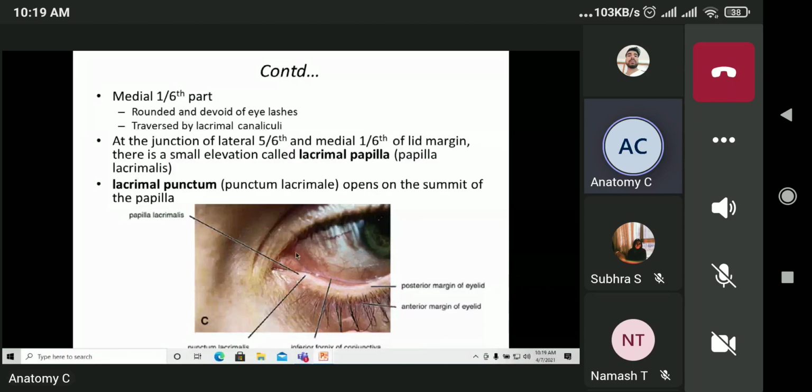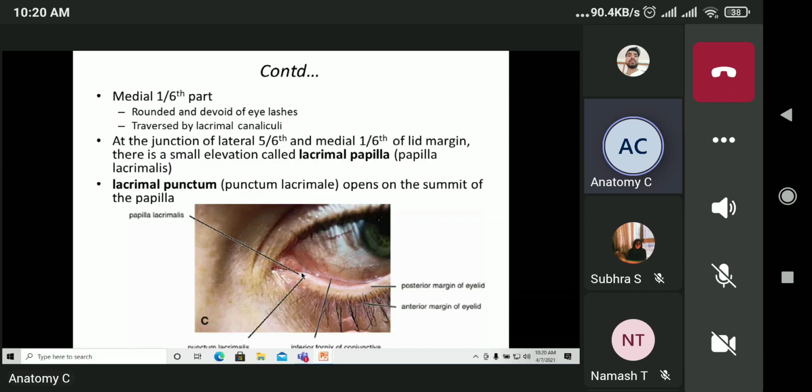Now look at the medial 1/6 part of the eyelid. This part is rounded and devoid of eyelashes. You can see eyelashes over here, but in the medial 1/6 we are not getting any eyelashes. It is traversed by the lacrimal canaliculi.